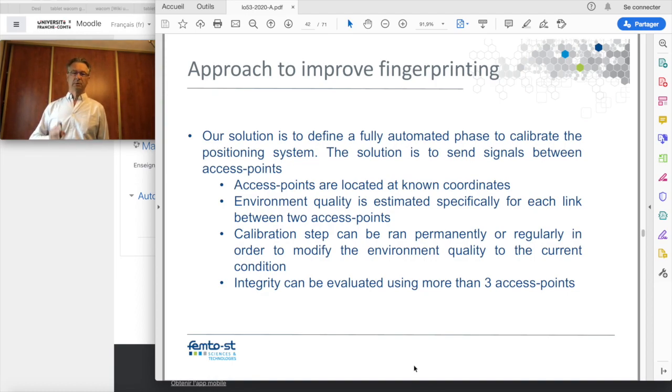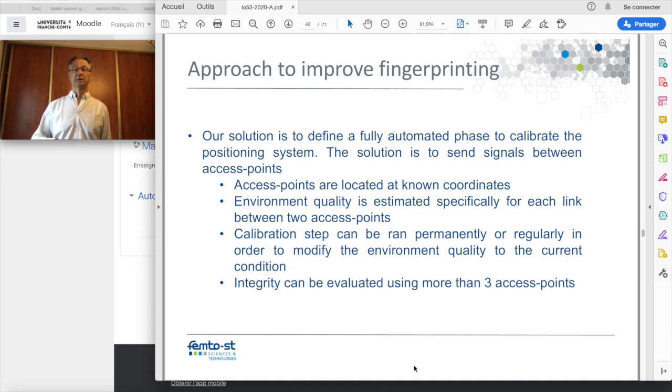So access points are located at known coordinates. The environment quality is estimated for each link between two access points. Because access points are static, on the same condition we are going to have always the same signal strength measurements between each two access points.